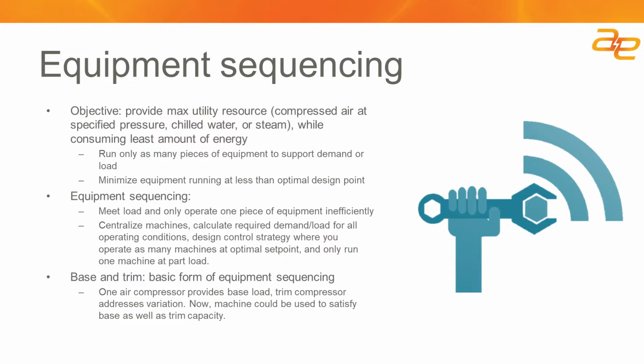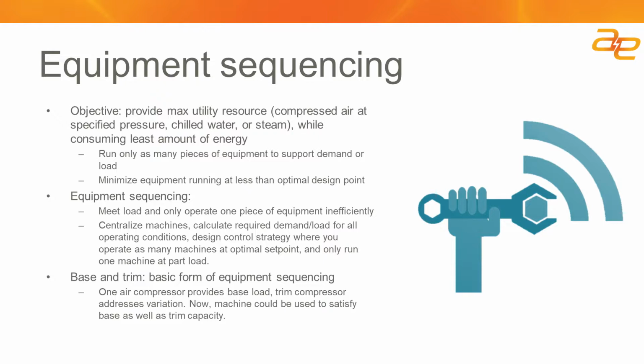So for example, you may have a need for compressed air at a certain pressure and a certain cubic feet per minute, but that compressed air could be delivered by either two machines running at partial load, or maybe it's one machine running optimally.